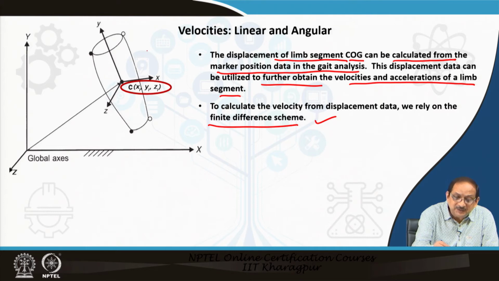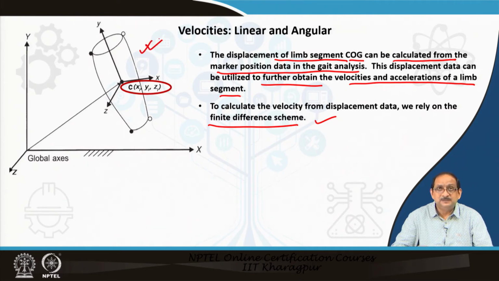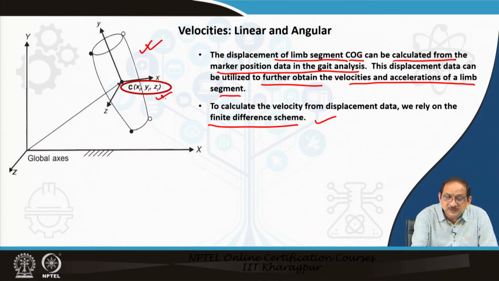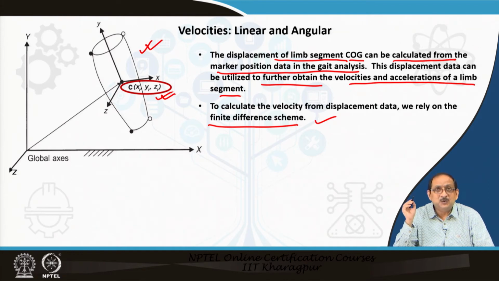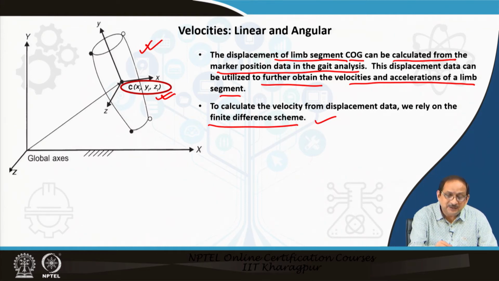The figure presented here on the left contains a limb segment where the COG is indicated by the coordinate xi, yi, zi with respect to the global coordinate system. And the markers as well as the reference points of the limb segment are indicated here in the figure as well.